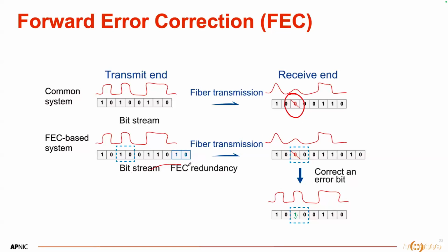But when we use FEC, the receiver will be able to detect that this is an error, and then make a correction and bring back the actual transmitted bit, which was 1. So this is the process of forward error correction.